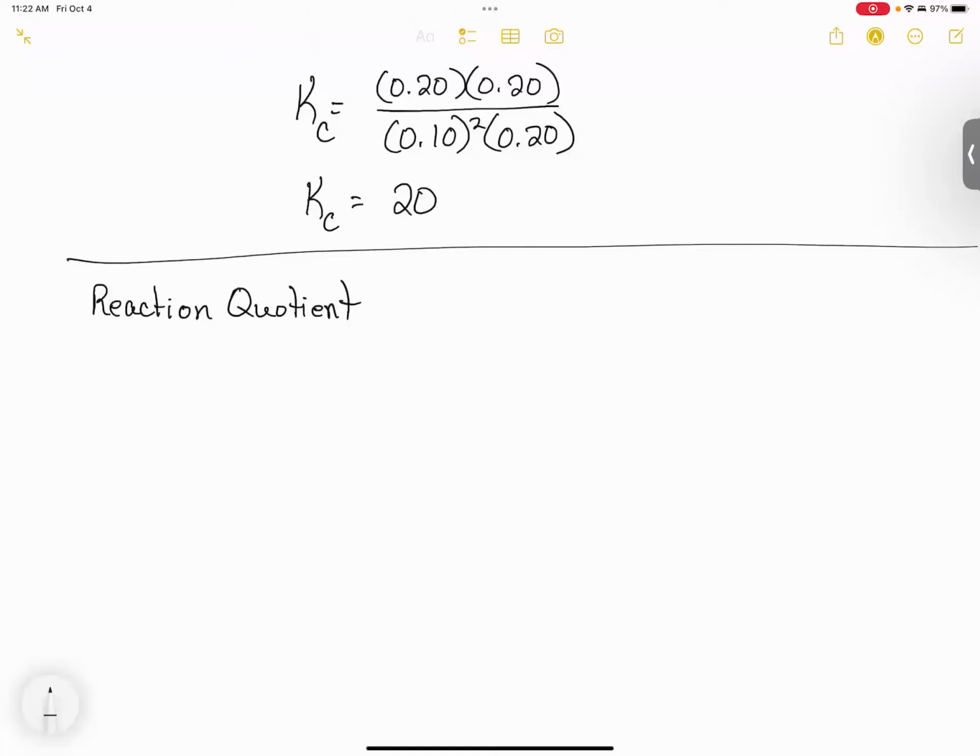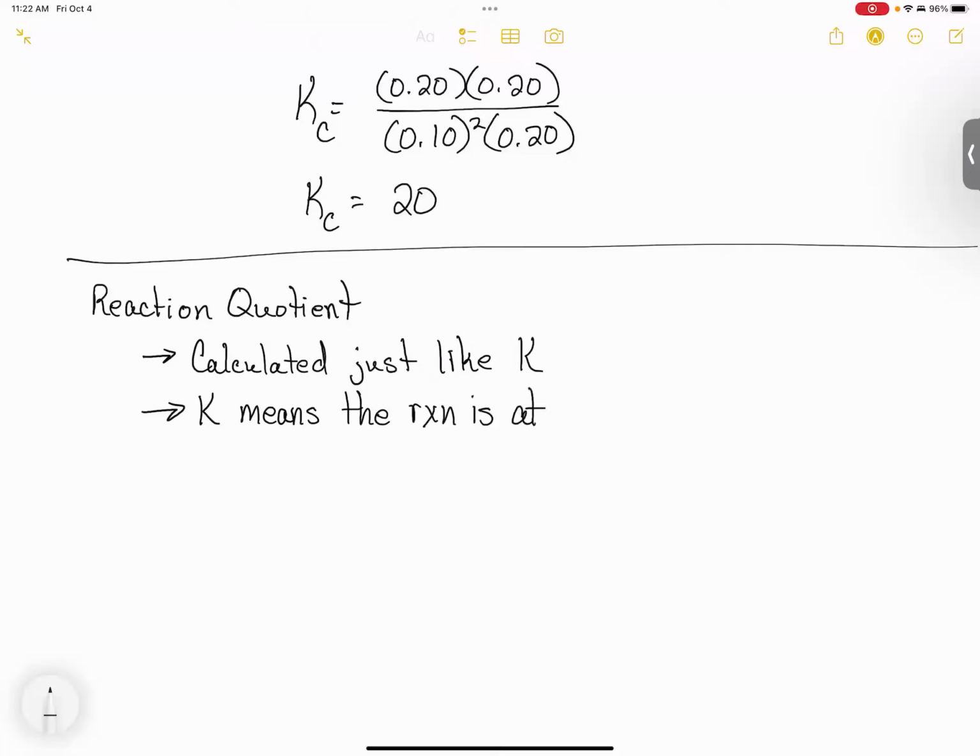The reaction quotient is calculated just like K. The difference is K means the reaction is at equilibrium, where Q indicates whether the reaction is at equilibrium or not.